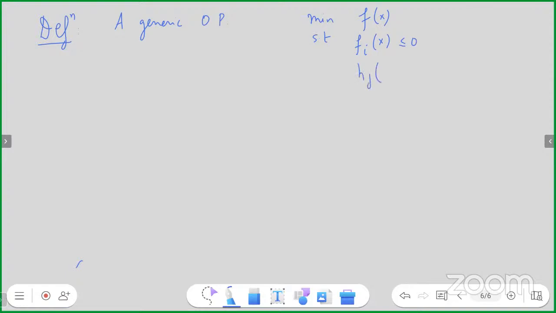This is called the objective function. These are called inequality constraints, and these are called equality constraints.